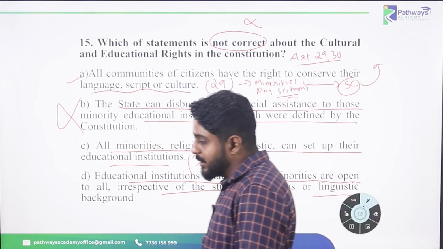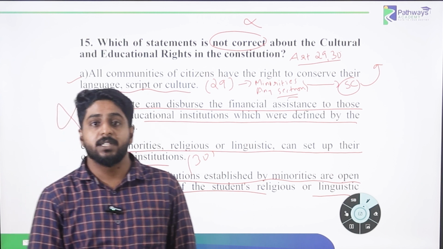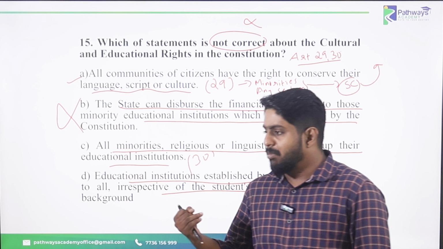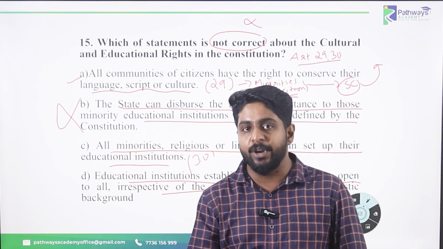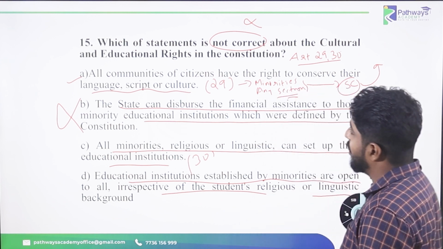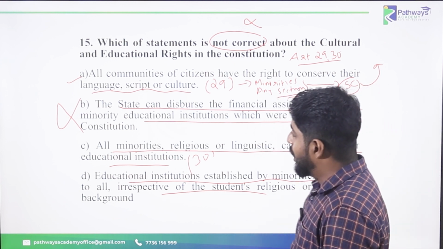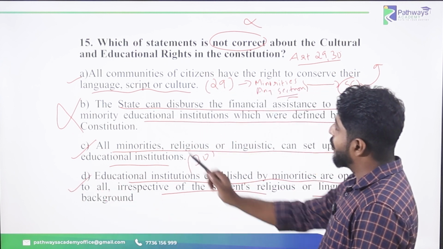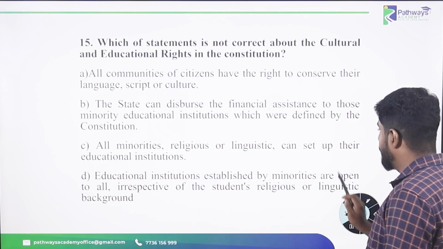Say, for example, the Jamia Millia University is established by a minority, and there are Hindus, Christians, Malayalis, Bengalis, every kind of linguistic or religious group as part of that institution. So this as well as this, right, wrong. One is option B.